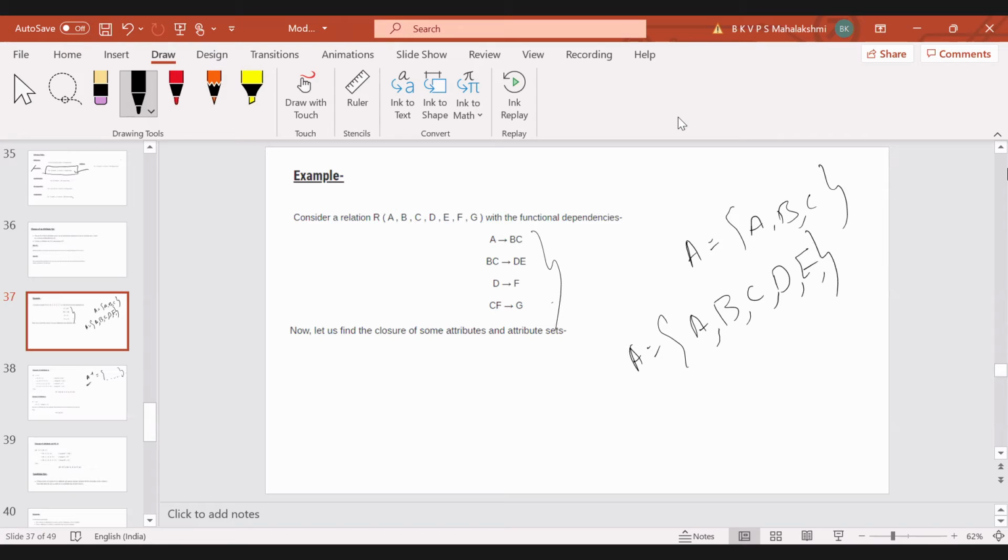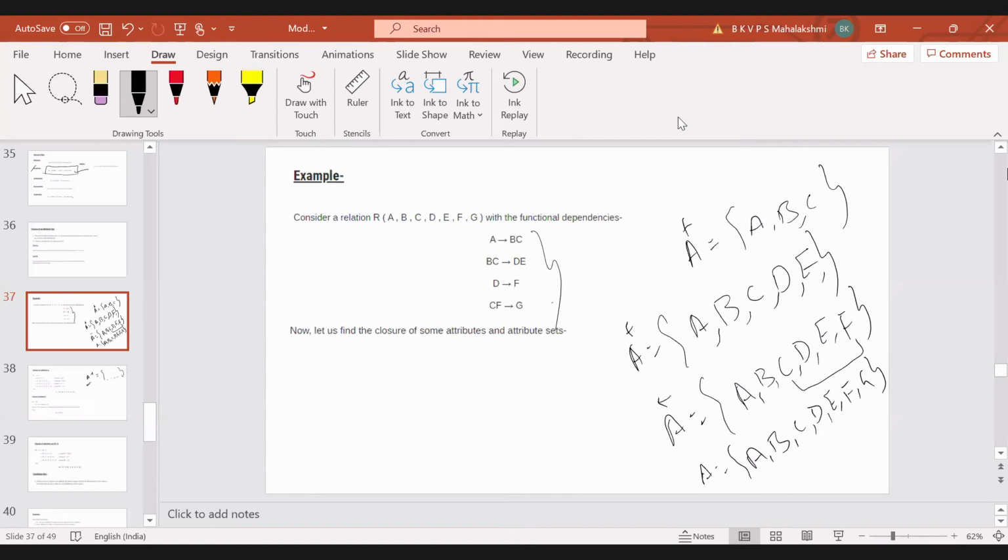In the next step, I got this. And in the next step, A, B, C, D, E, F. And again, this CF will give G, so A, B, C, D, E, F, G. See how I got this closure: I got it from the functional dependency A tends to BC and ABC.